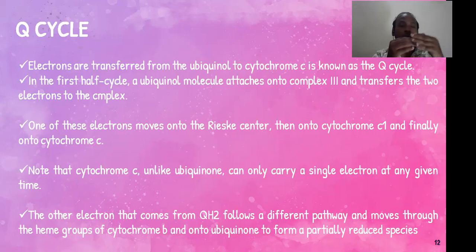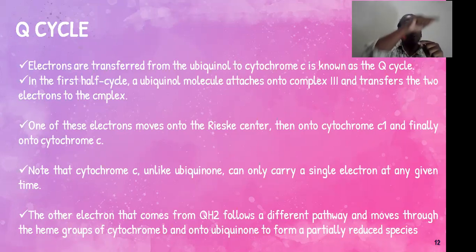That's why the 2 electrons pass on different pathways. One goes to the Rieske center, where cytochrome C1 and C are present. The other goes to the heme group, BL and BH, the cytochrome B, and onto ubiquinone to form the partially reduced species of ubiquinone.